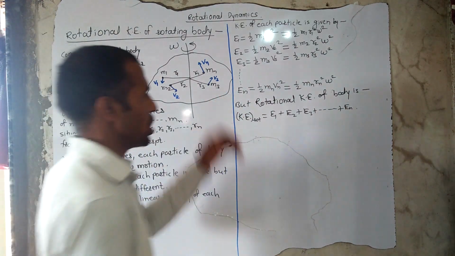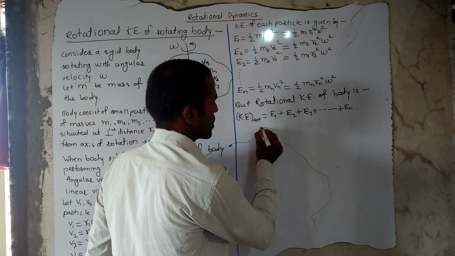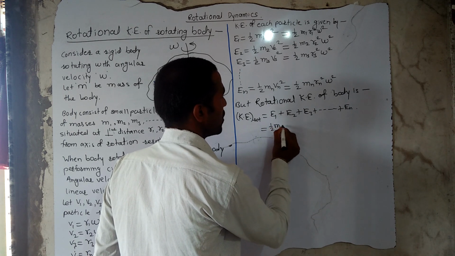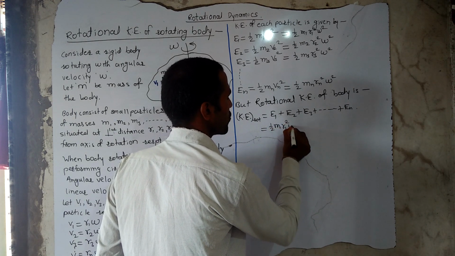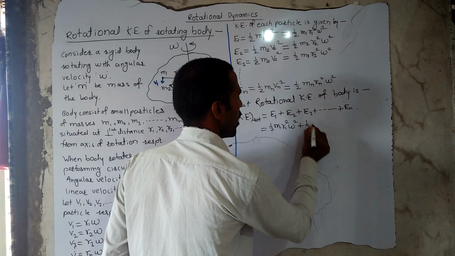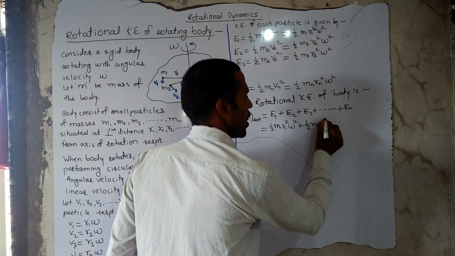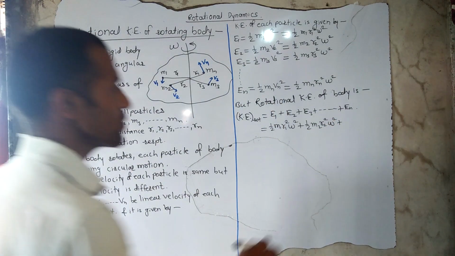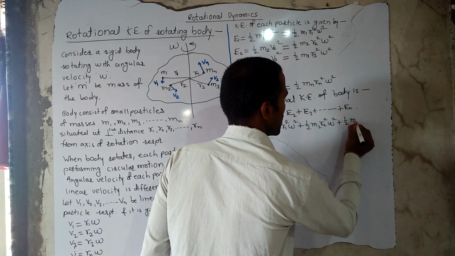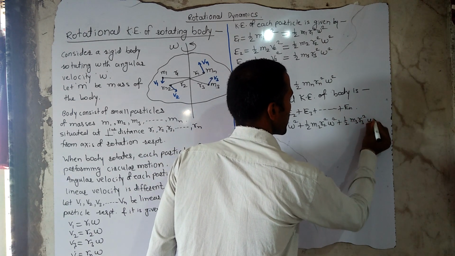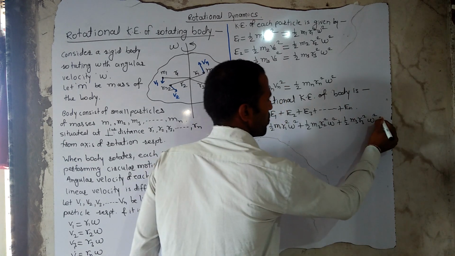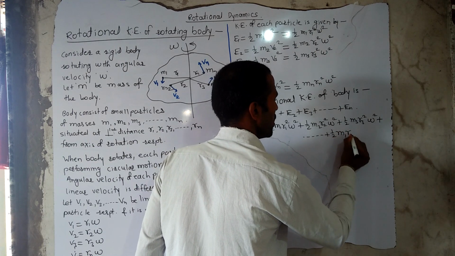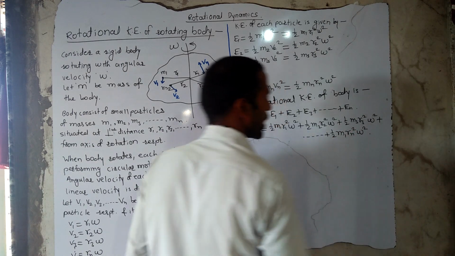If we substitute all the values, then we get rotational kinetic energy is equal to half m1 r1 square omega square plus half m2 r2 square omega square plus half m3 r3 square omega square plus half mn rn square omega square.